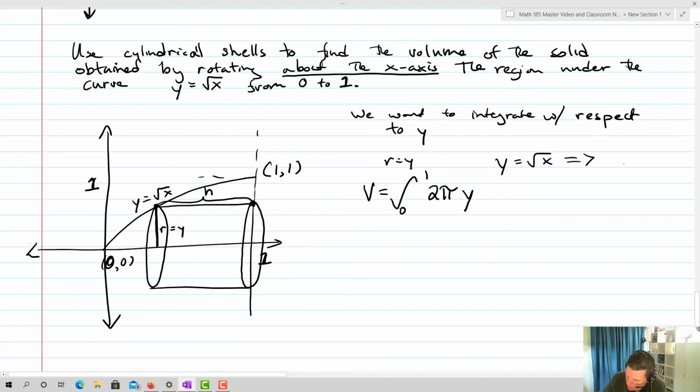That's going to end up being equivalent to x equals y squared, which is great. So here's the question: does h equal y squared? And the answer is no, it's not. This is y squared, or actually, excuse me, that value right there is y squared.